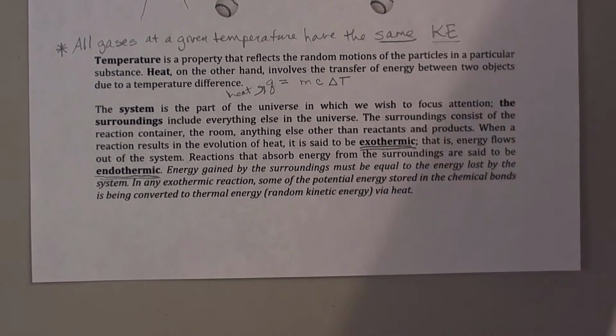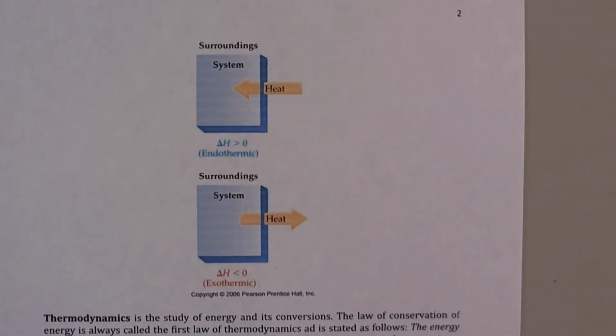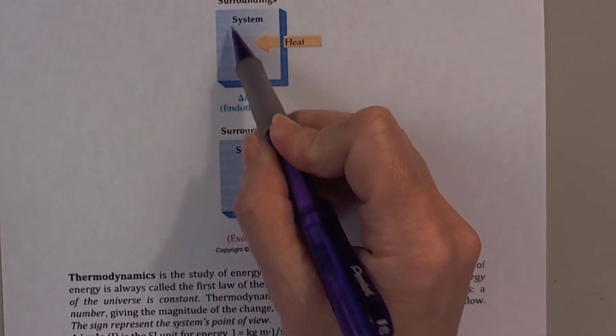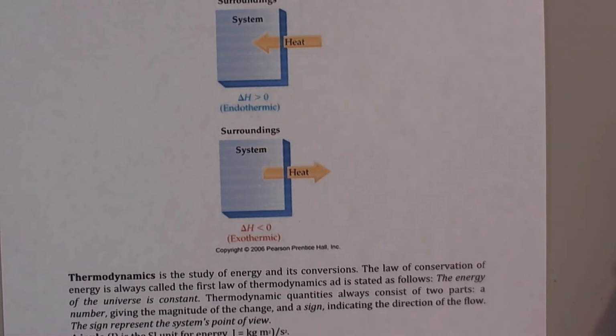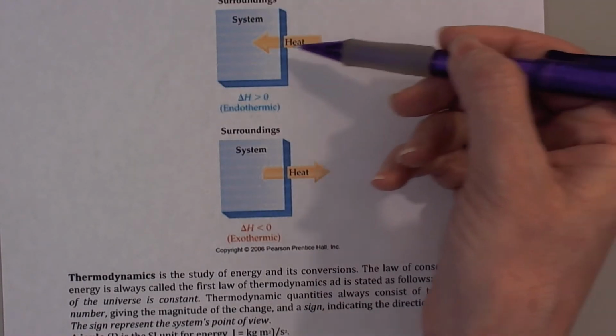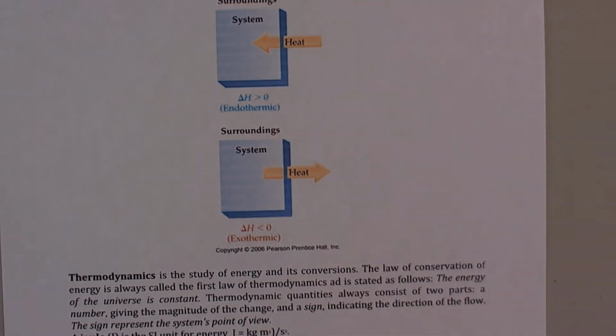So let's move on to page 2 in your notes. And we're going to look at some diagrams that talk about heat and endothermic and exothermic. So let's call this our system here. From the system's point of view, if heat is coming into that system, this is an endothermic reaction.